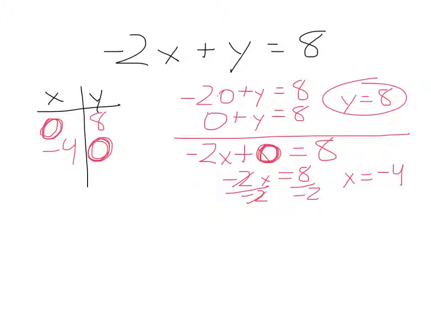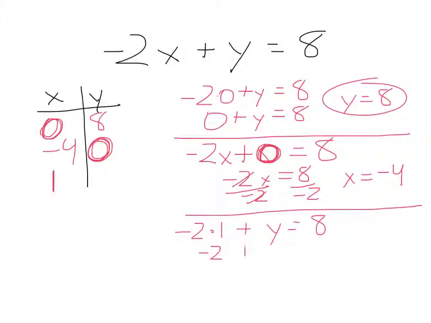We do a third point so that we can just confirm it works. Let's try 1 for x, see what happens. Negative 2 times 1 plus y equals 8. And so I've plugged in 1 for x.